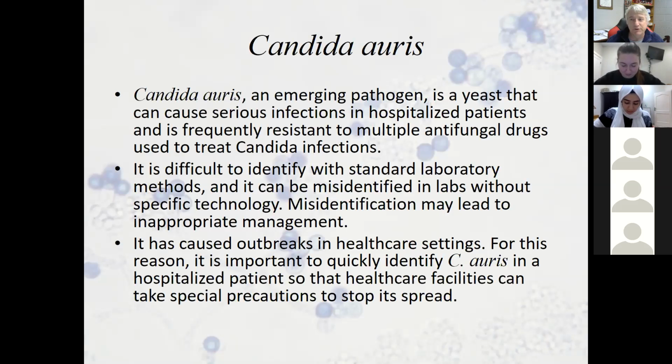So when we say emerging pathogen, that's why, because we think, oh, it's just a yeast, we're going to treat it with antifungal, and it doesn't go away. It's difficult to identify, can be misidentified without specific technology. Misidentification may lead to inappropriate management. It has caused outbreaks in healthcare settings. For this reason, we want to quickly identify auris in a hospitalized patient.